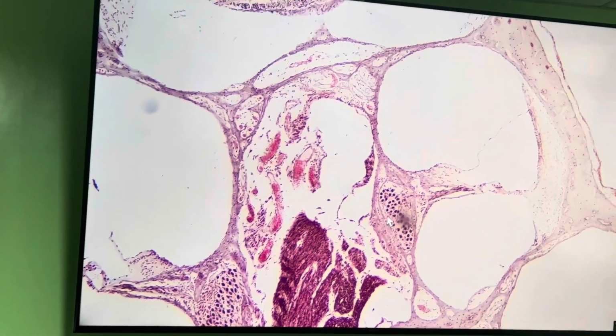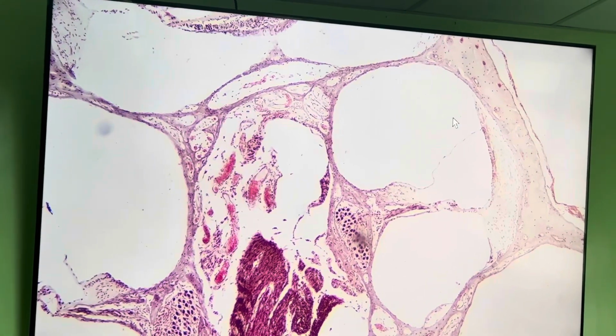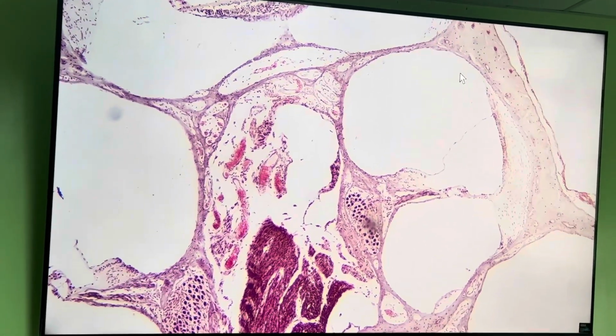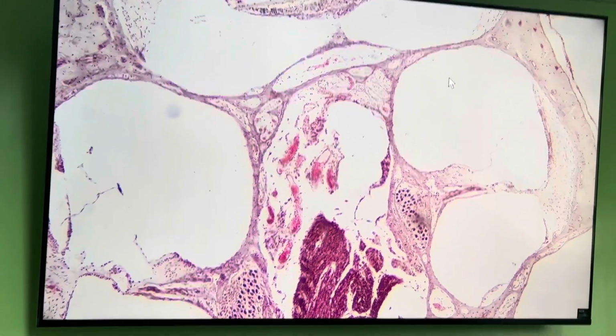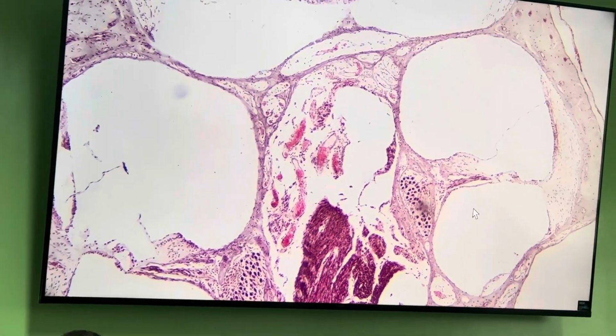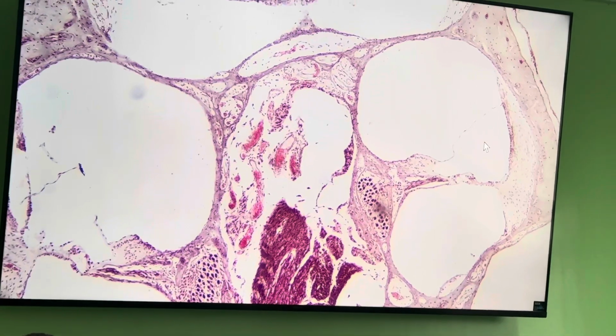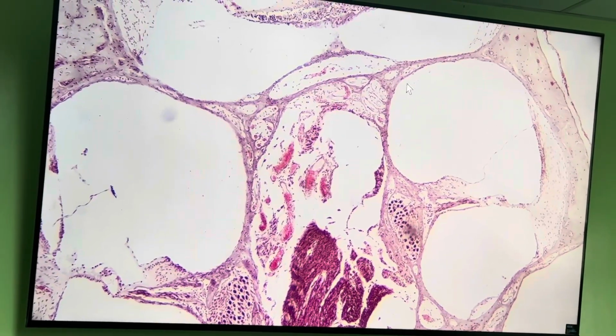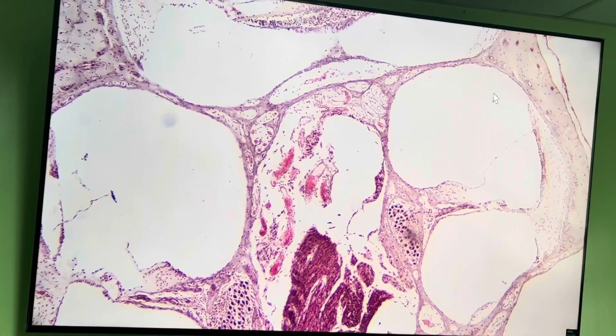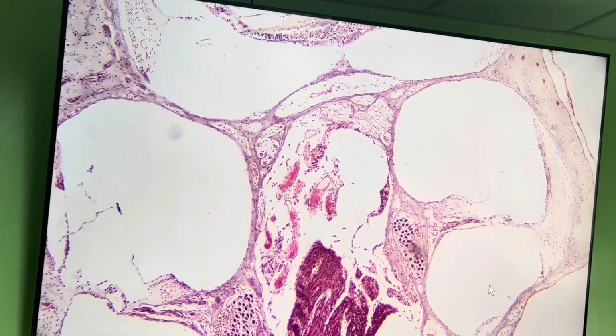Okay, we have the ganglion cells. So this would be the orientation, the same lang dito sa kabilang side. Okay, so this would be one of the ducts, another duct, another duct. Okay, and the perilymph. Okay, scala vestibuli, or this is a scala tympani.